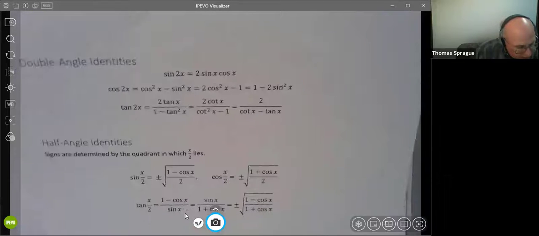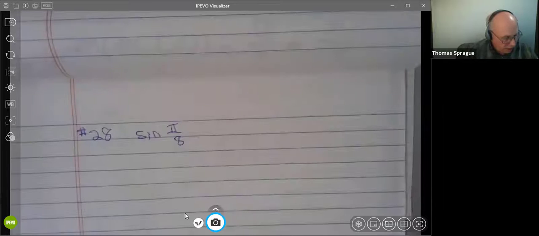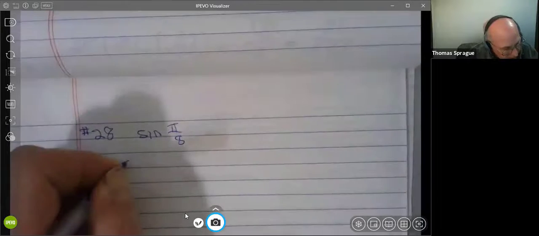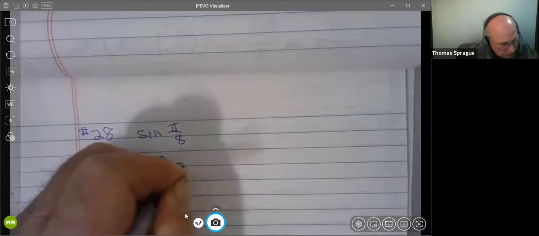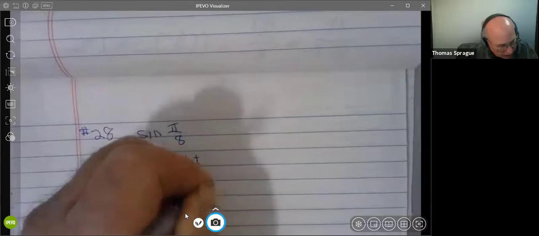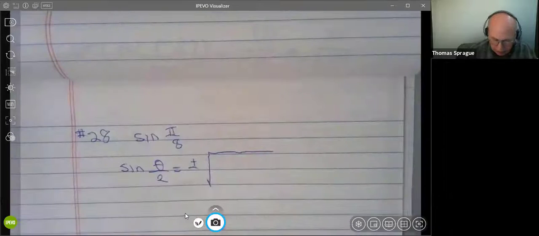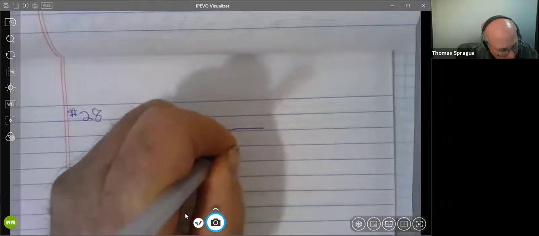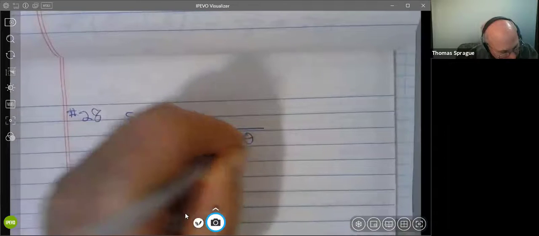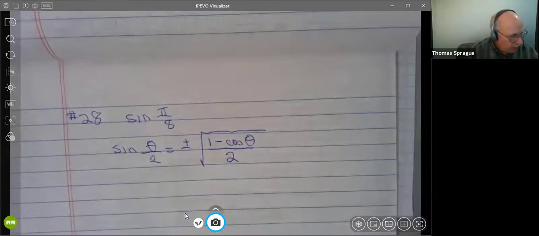And that's probably the one to go with. So sine of theta over 2 equals plus or minus, you have to decide yourself. In other words, it's not both. The formula doesn't tell you which one to use.